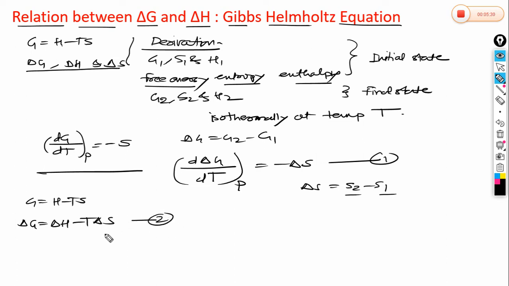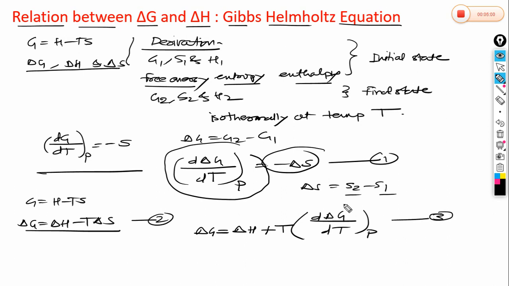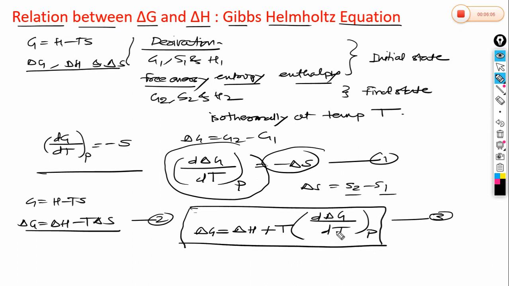Now substituting the value of delta S from equation 1 into this equation, we get delta G is equal to delta H plus T into bracket d delta G divided by dT at constant pressure P. Consider this as equation 3.